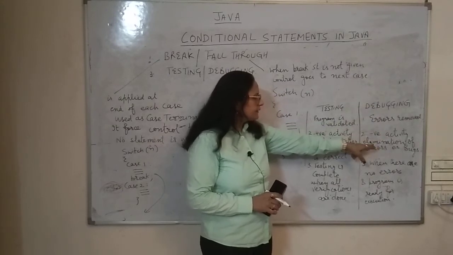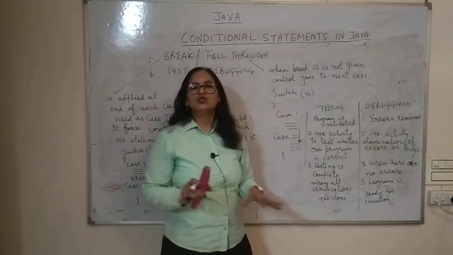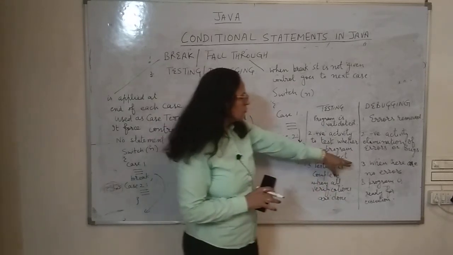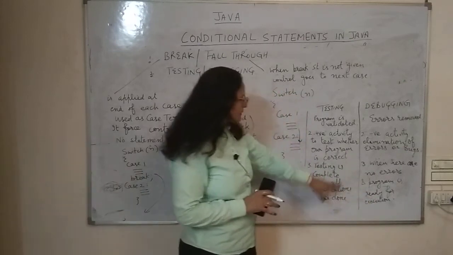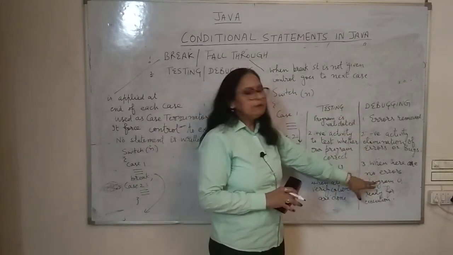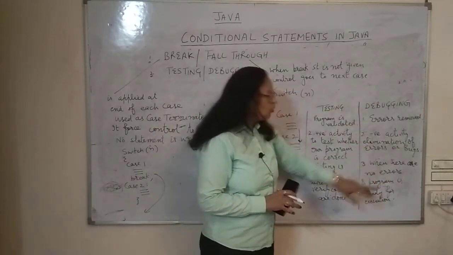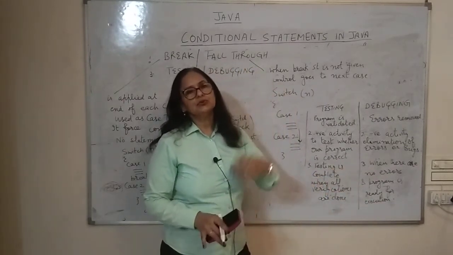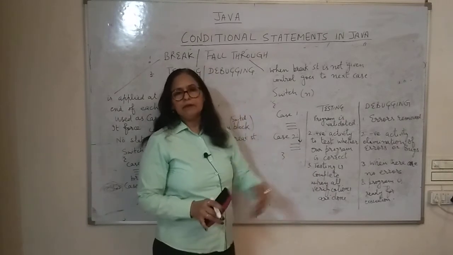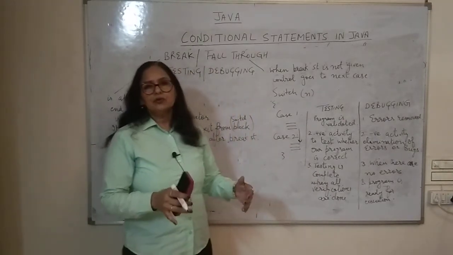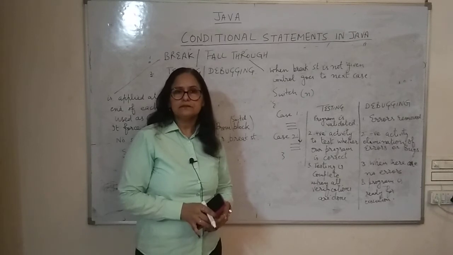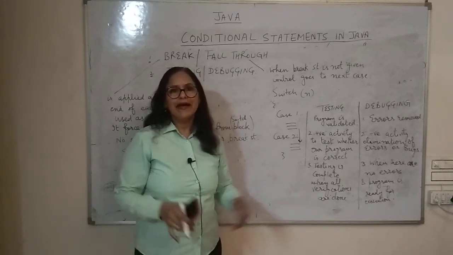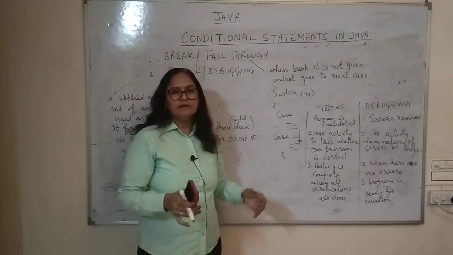This is a negative activity, based only on elimination of the bugs or errors. Now third, this is complete. I mean to say, debugging is complete when there are no errors and the program is ready to be executed or implemented, ready for sale, implemented in different areas of life like bank or hotel or everywhere.